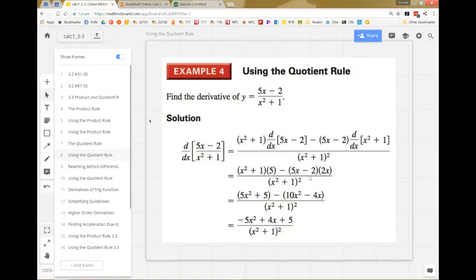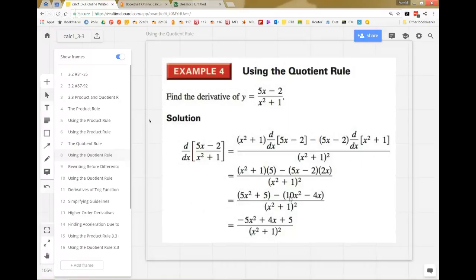All right, but we can simplify the top, and we have to. So what is 5 times the quantity x squared plus 1? 5x squared plus 5. What happens when you multiply this out? Well, you get negative 10x squared minus 4x, and that's all being subtracted.